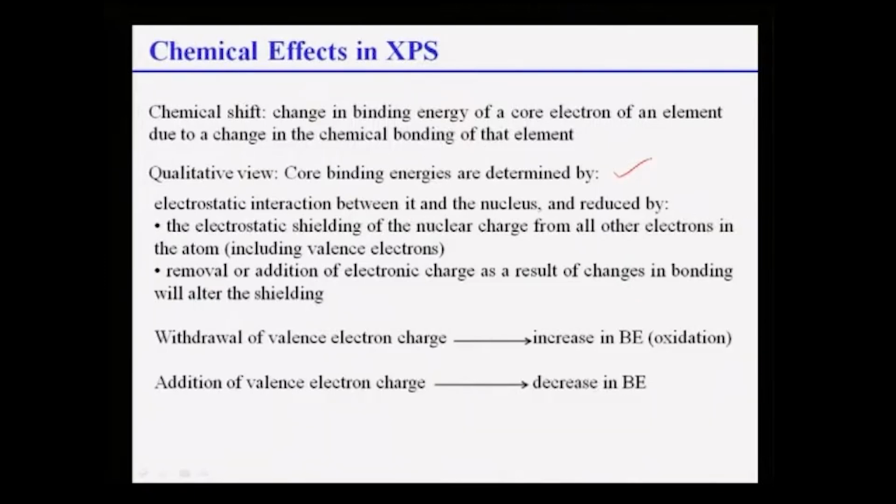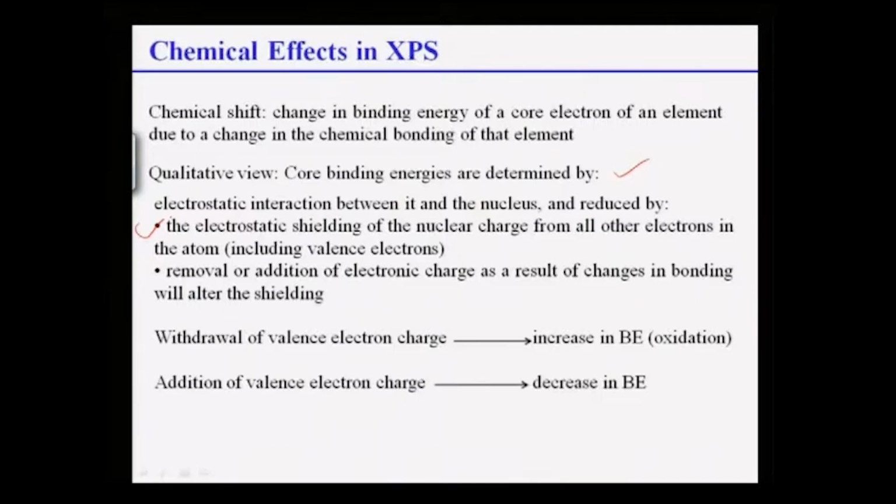Now this can be affected, or reduced rather, by two things. One, the electrostatic shielding of the nuclear charge from other electrons present in the atom. If there are other electrons present in the atom, they can act as a shielding barrier between the core electron and the nucleus. That is the first factor, and that is the predominant factor.